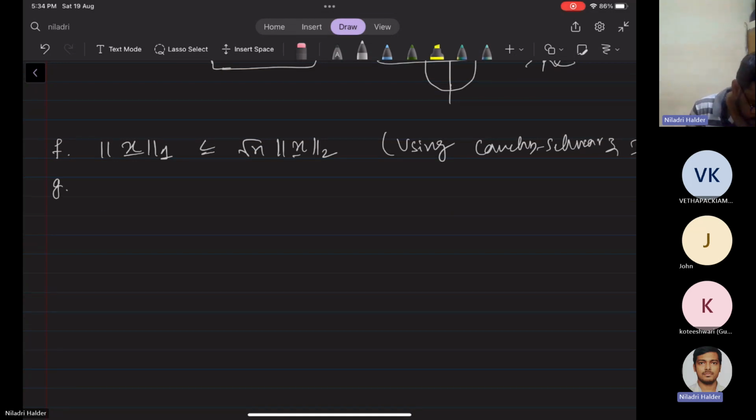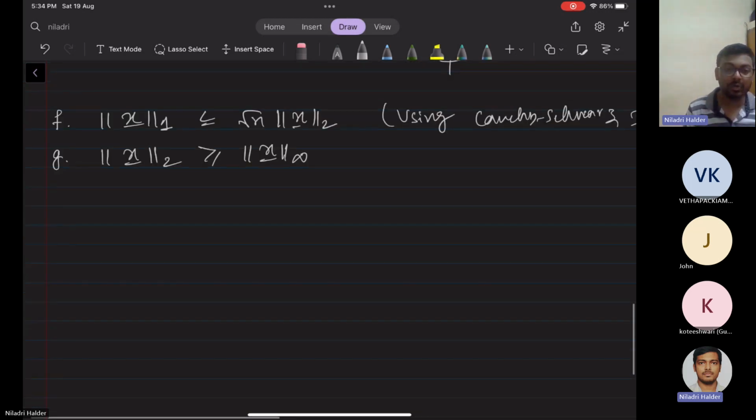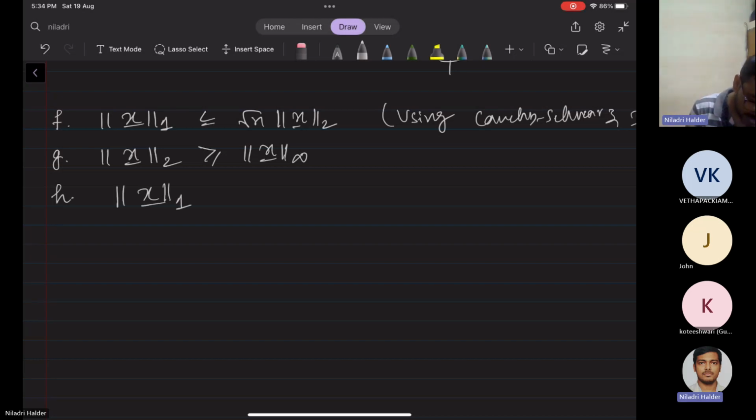Then one more property: the x2 norm is greater than or equal to the x infinity norm. That also he has proved. So ultimately using these last two properties, we can write that the x1 norm is the greatest among all the norms, then the L2 norm, and the lowest is the infinity norm.